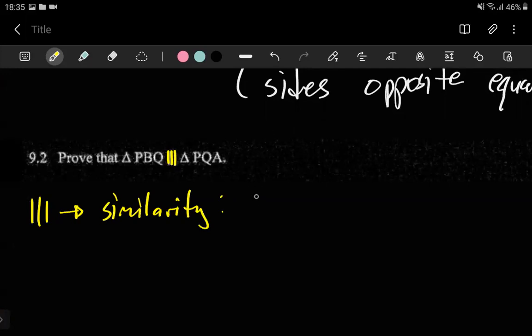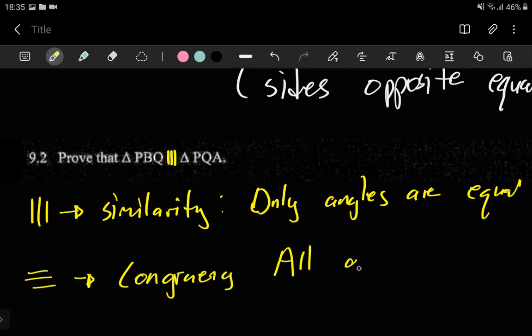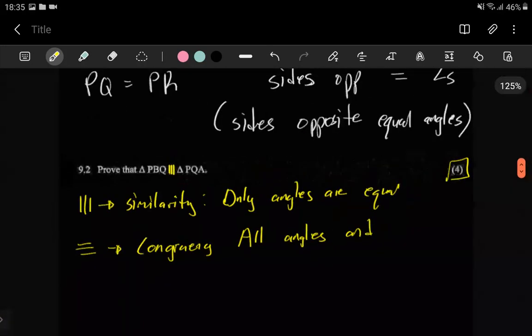Similarity means that only angles are equal. And when you have something like this, it means congruency. Congruency means that all angles and all sides are equal.